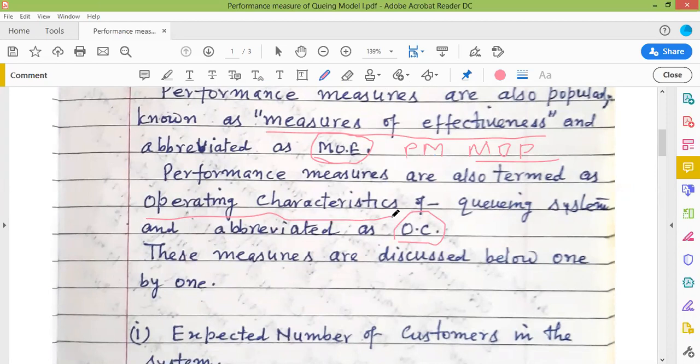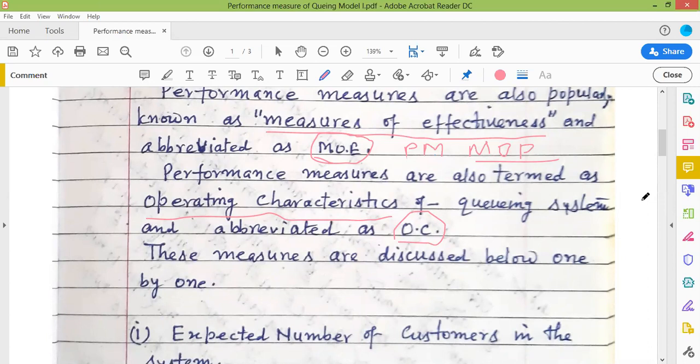These are same and these are simply measures or a method of quantification that is used in the given model. So these measures are used to assess the performance of the model.